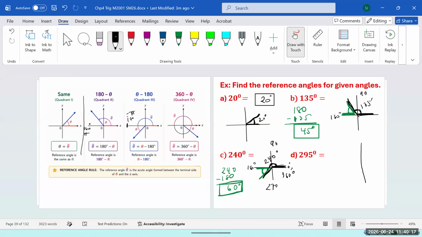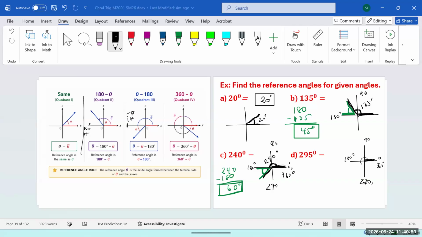Let's draw to visualize clearly. So we have 0, 90, 180, 270, and then we come back to 360. 295. It lies in which quadrant? Fourth quadrant. So we start our journey from 0 degrees.